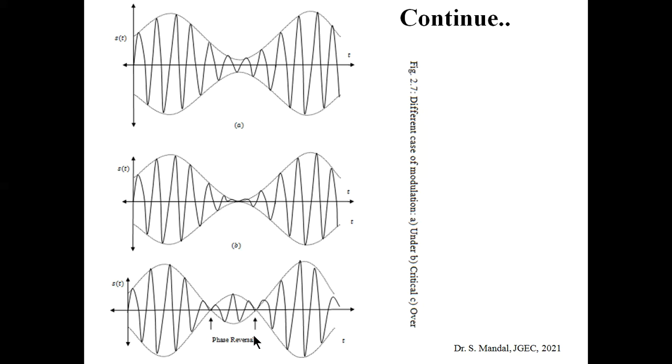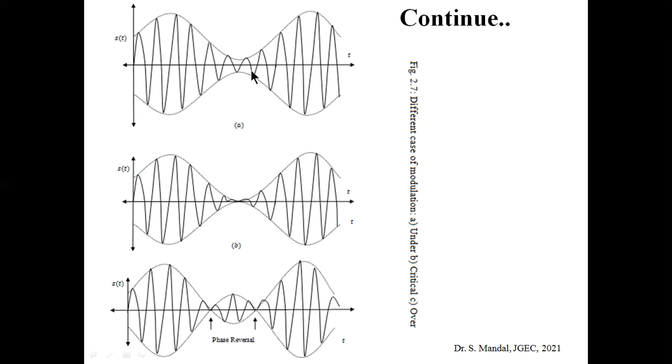Again I'm telling you, based on the modulation index, we can classify the modulation into three types: under, critical, over. When mu is less than 1, that is called under modulation, and the two envelopes will not touch each other, and there will be no loss of information. The condition is A greater than xt max, and it will look like this. In case of critical modulation, the value of mu is 1.